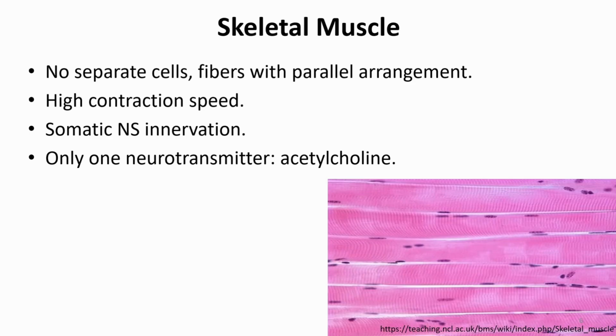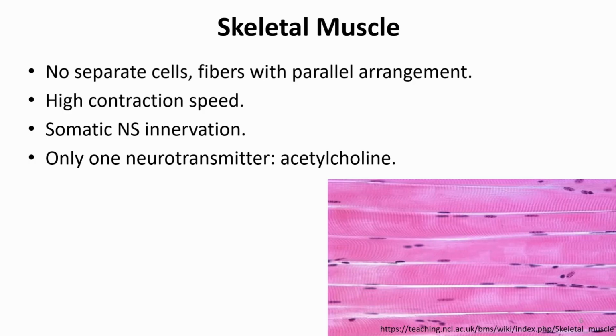Another thing, compared to smooth muscle, skeletal muscle has a relatively high contraction speed. For example, imagine you can bend your finger much faster than your intestines can contract. And as I mentioned before, these are muscles that are subjected to will. And if it's a muscle that can be moved with our sheer will, that means innervation is done by the somatic nervous system.